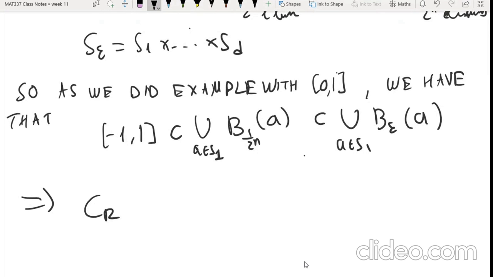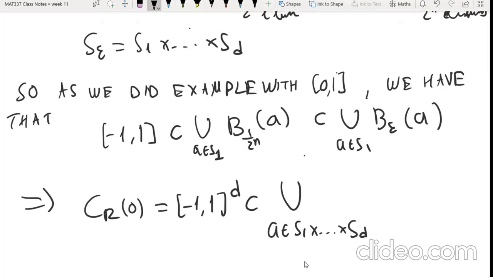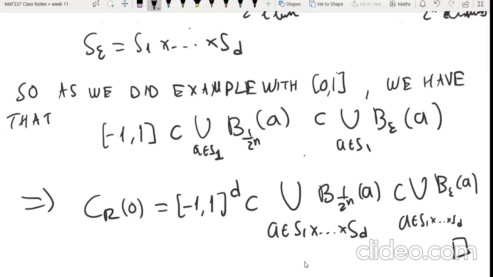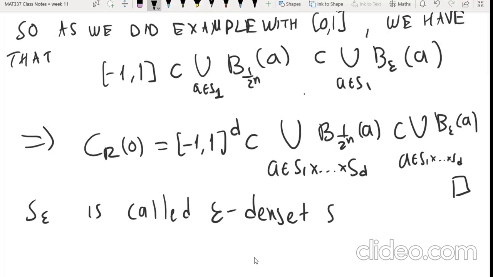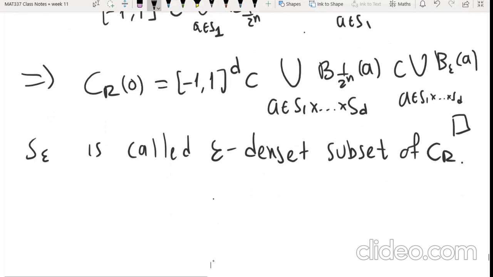So that gives you that C_R at 0, which is [-1, 1]^D, is inside the union over S1 cross through SD of balls of radius 1/2^n, which is inside the union of balls of radius epsilon. Okay. All right. So that's how you generate what is called an epsilon dense subset of C. So S epsilon is called an epsilon dense subset of C. So we're gonna need this.